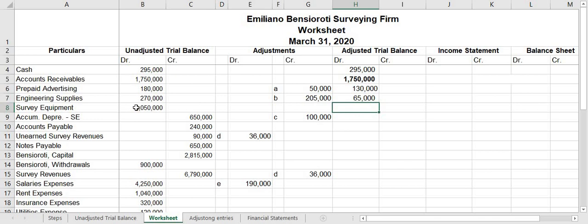65,000. Now, for your survey equipment naman, wala siyang adjustment. Kaya, kung ano yung nasa unadjusted trial balance, copy mo lang. Ayan. For accumulated depreciation, for survey equipment, meron kang debit or credit balance.